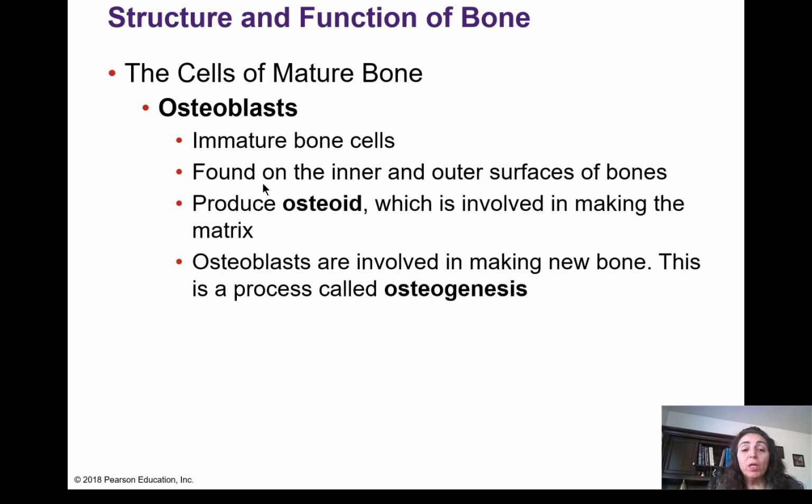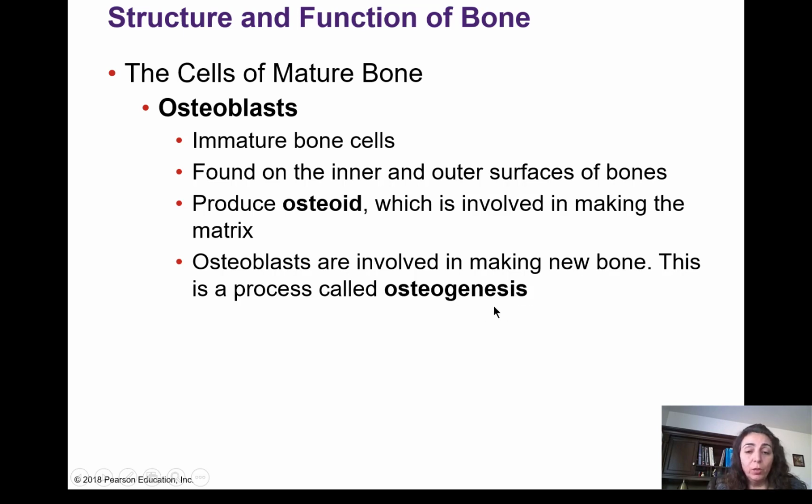So as you see, these cells are producers of the matrix compared to the osteocytes that are maintaining whatever we have in the matrix. Now, osteoblasts are involved in making new bone by making new matrix, and this is a process called osteogenesis.